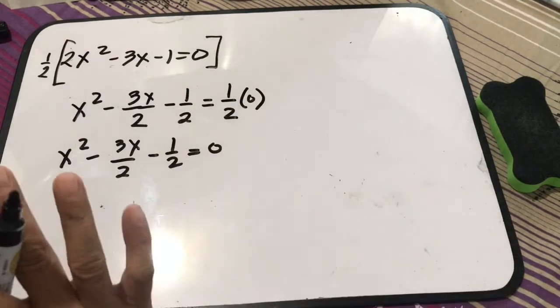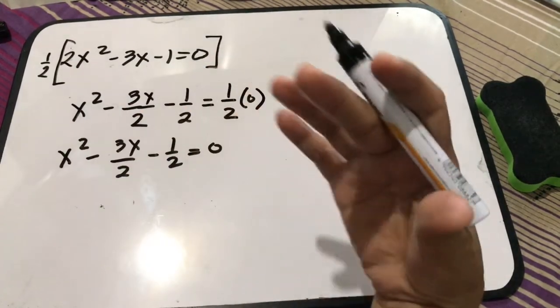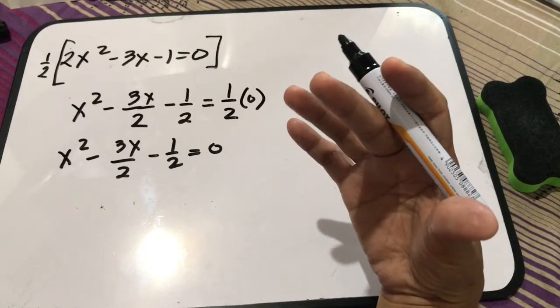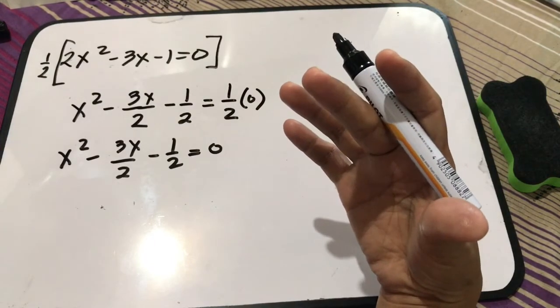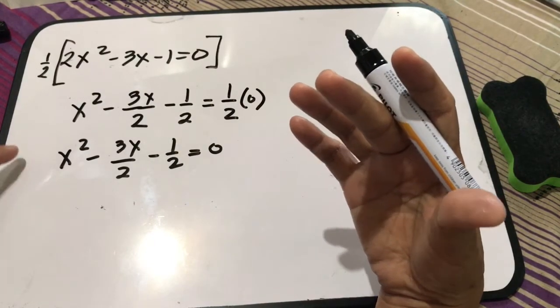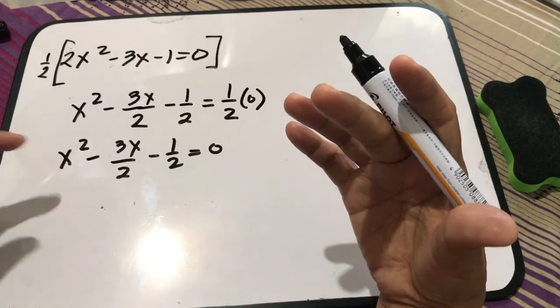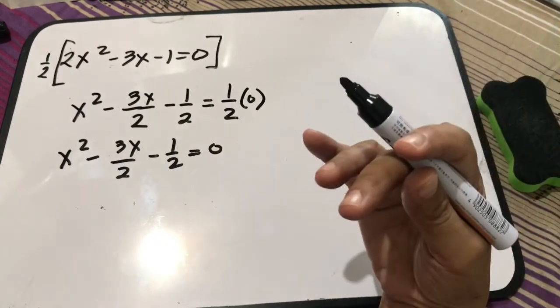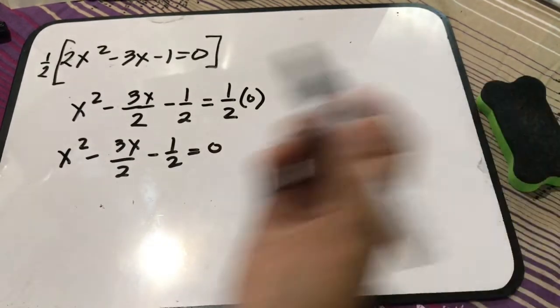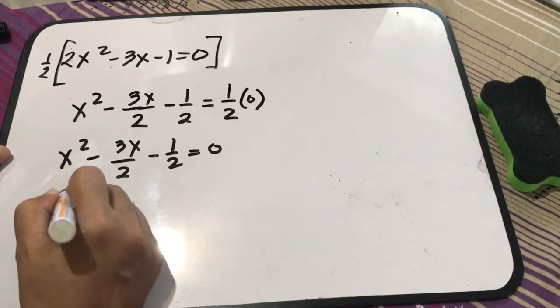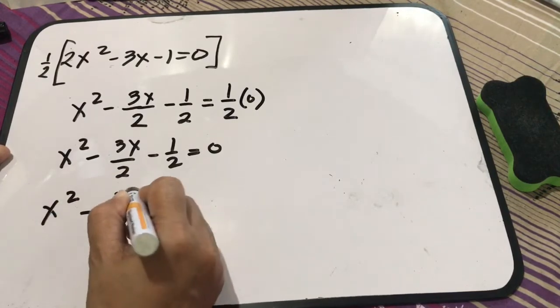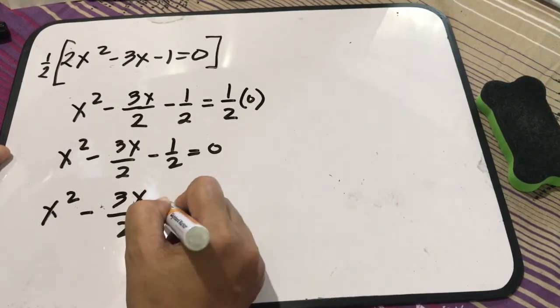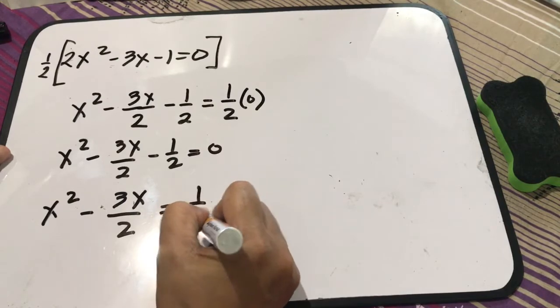Again, because we will complete the square, after applying the multiplication property, we will go back to using the addition property because the leading coefficient is now 1. So, this becomes x squared minus 3x over 2 equals 1/2.